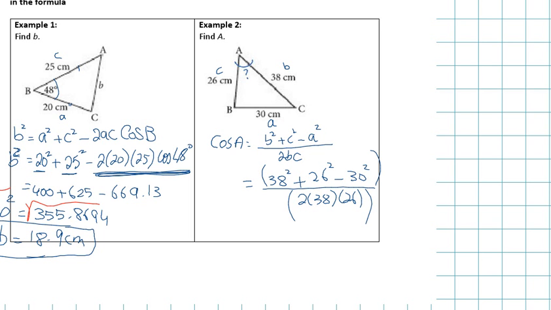This way the calculator knows to do the math for the top, and then divide it by the whole bottom. Now, if you don't want to enter brackets, you can find the top and write your answer, calculate the bottom and write your answer, then do your division.